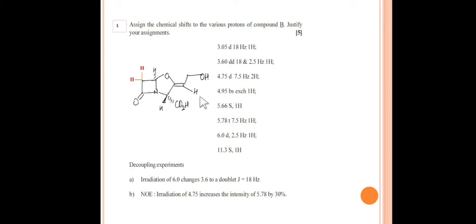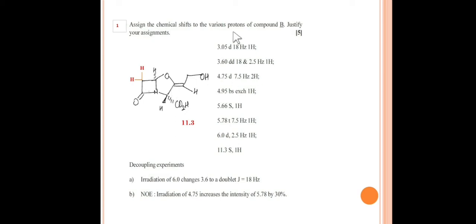Now you know that the COOH proton comes around 11 to 12. So firstly, I will go through this chemical shift list and search for the proton which is between 11 and 12. The last signal is at 11.3 showing a singlet of 1H. That means this is nothing but the COOH proton. Now there is an OH proton also, and you know that phenolic or alcoholic protons are exchangeable and show a broad singlet.